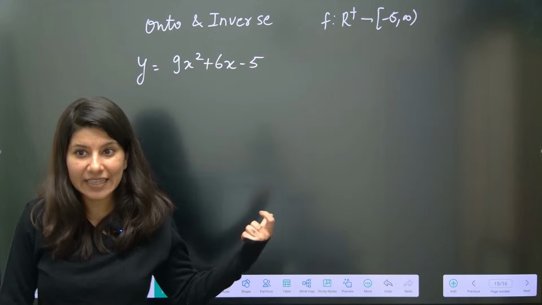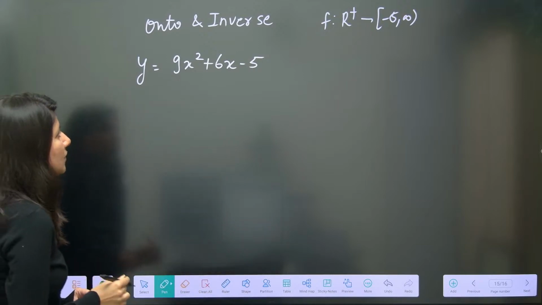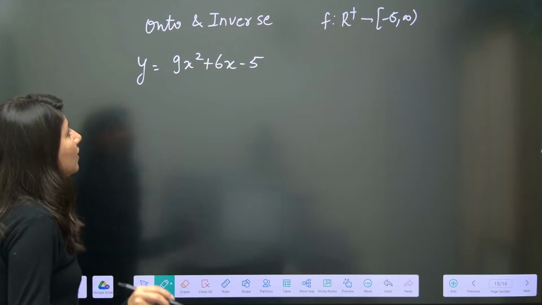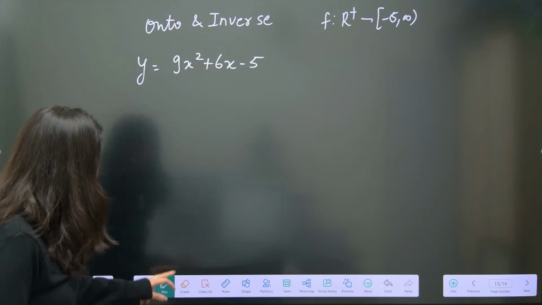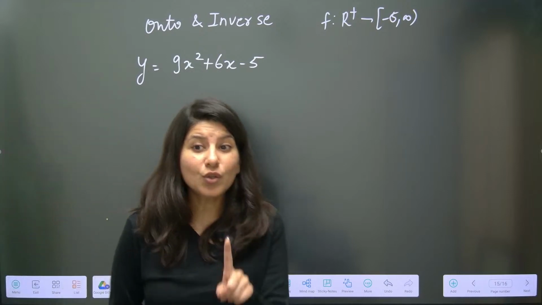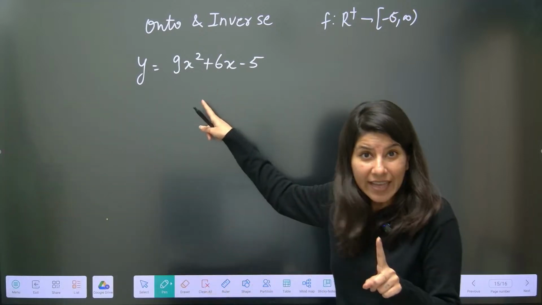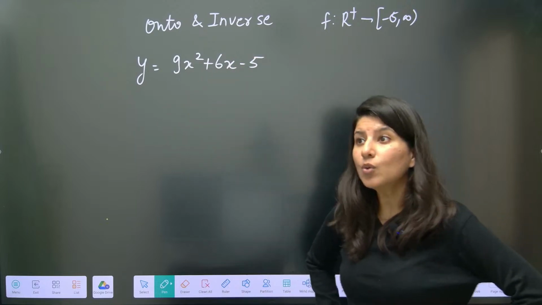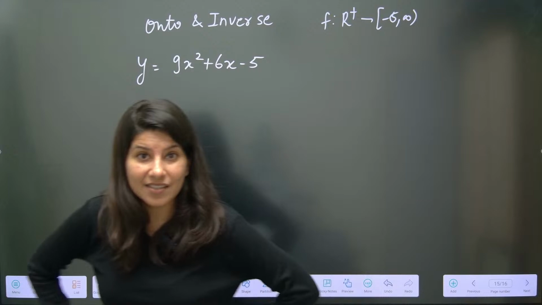How to find the range first of all? So how to find the inverse? Remember I told you how to find the inverse? You want the value of x completely in terms of y, but right now it is a quadratic. How to get the value of x when there is a quadratic?